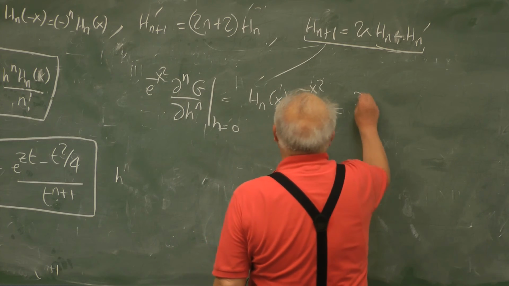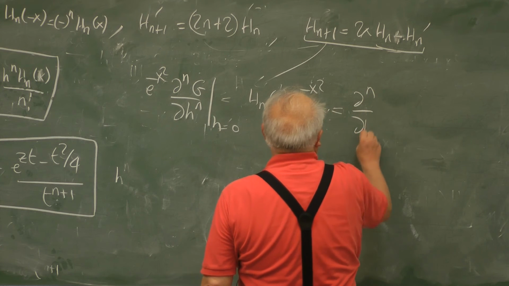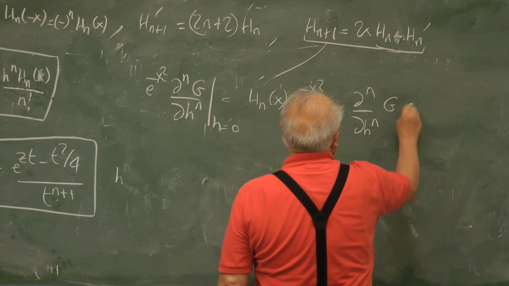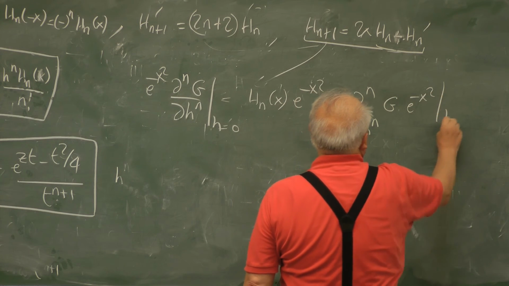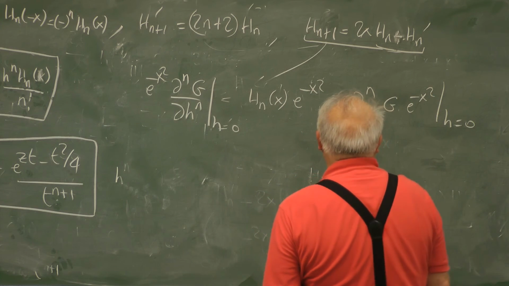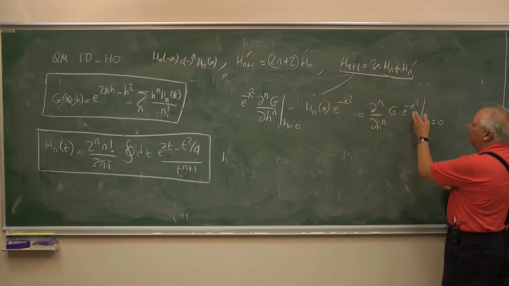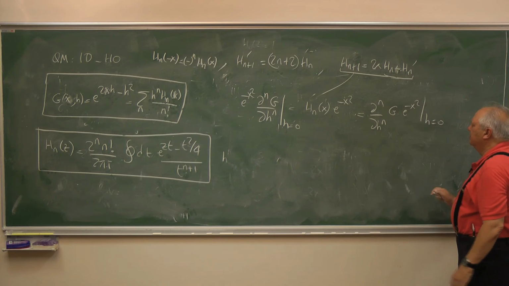So it is del^n over del h^n of g times e to the minus x squared. Then you put h equals 0. As far as the h operation is concerned, this is just like a constant.